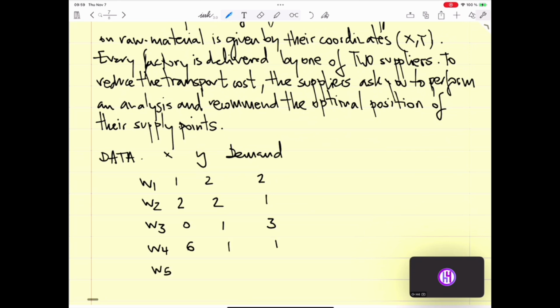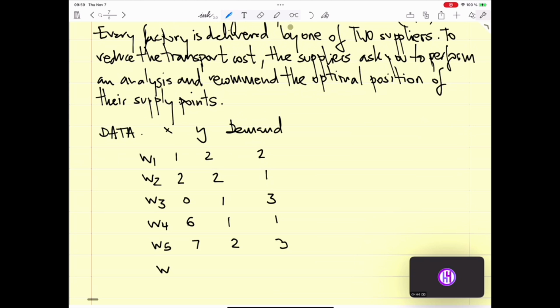Factory 5, 7, 2, 3. Factory 6, 3, 3, and 1. Okay? So now this is your task.